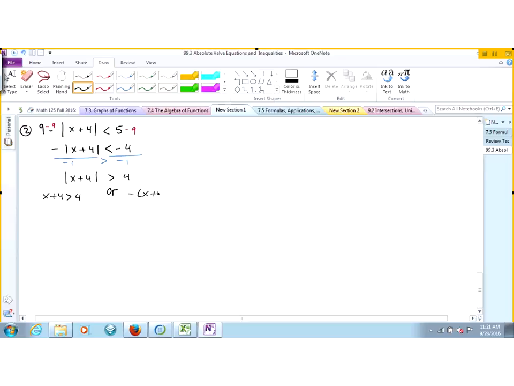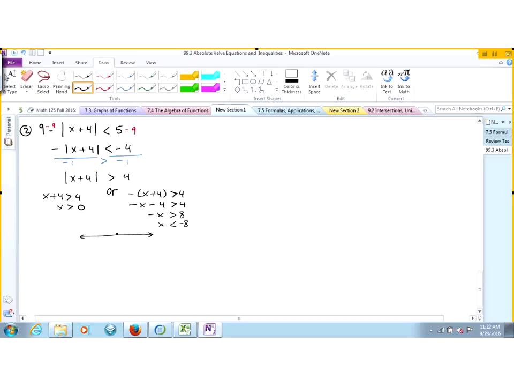What about the other one? Negative of x plus 4. Okay. Cool. So x greater than 0. Negative x minus 4 is greater than 4. So negative x is greater than 8. x is less than -8.